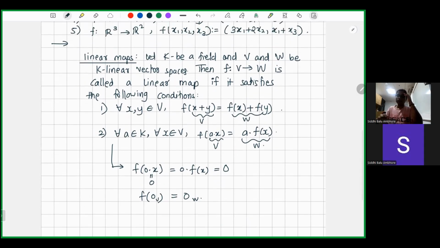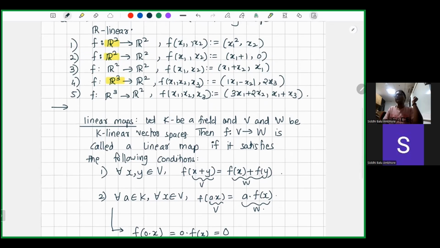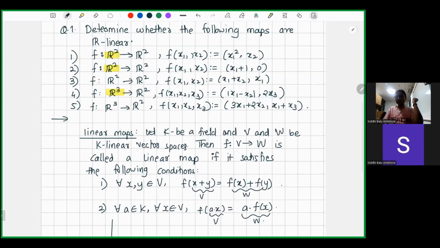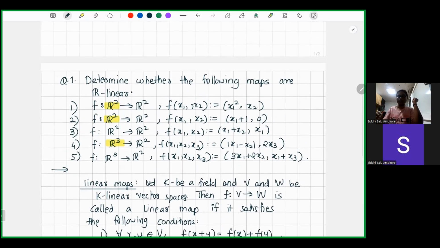I will tell you why checking whether 0 goes to 0 is pretty handy when we try to determine whether the given map is linear or not.